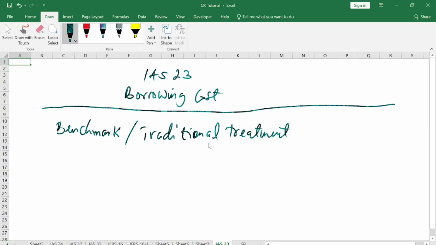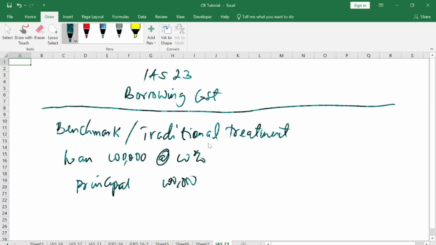When a company, for example, takes a loan of 100,000 at 10%, under the traditional treatment of borrowing cost, this is how it is treated. You have your principal, which is 100,000, then you charge interest of 10% on it.